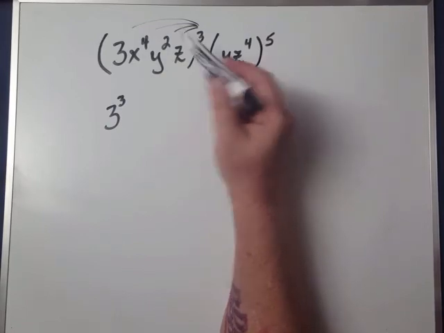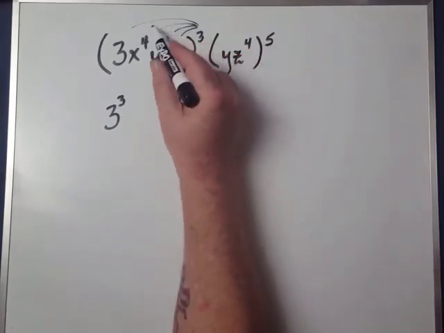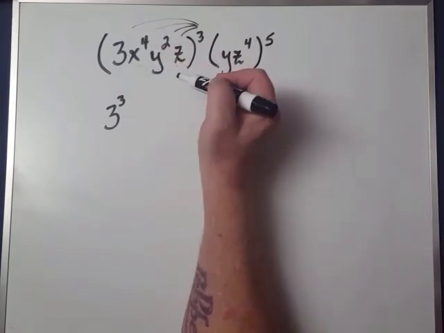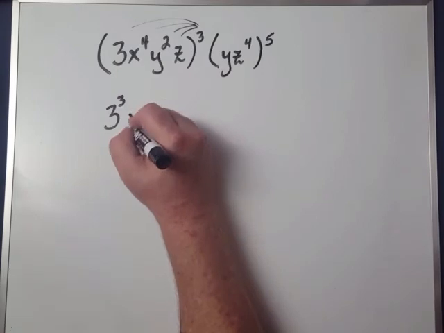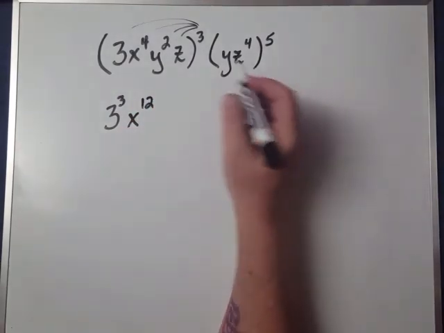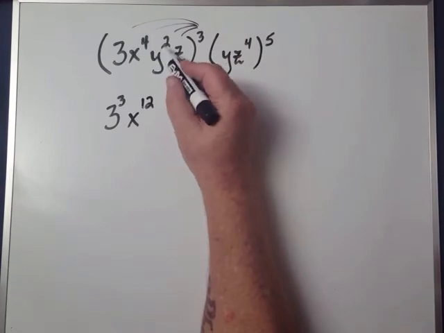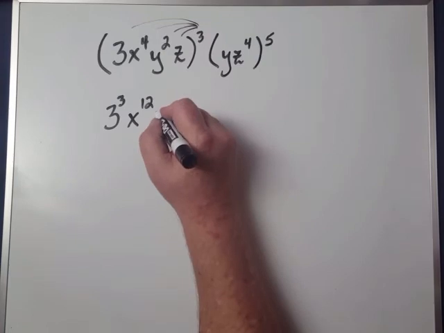There's another rule. That's a power to a power. As I distribute this 3 in on my factors of x, I have x to the 4th to the 3rd, power to a power, you multiply x to the 12th. Same thing here. This is y squared to the 3rd, power to a power, you multiply.